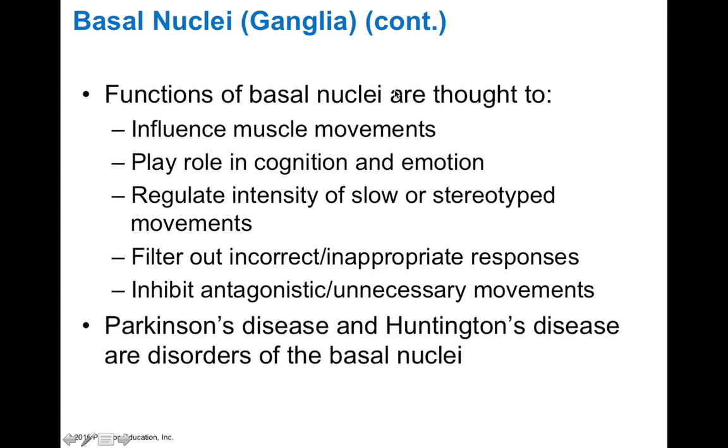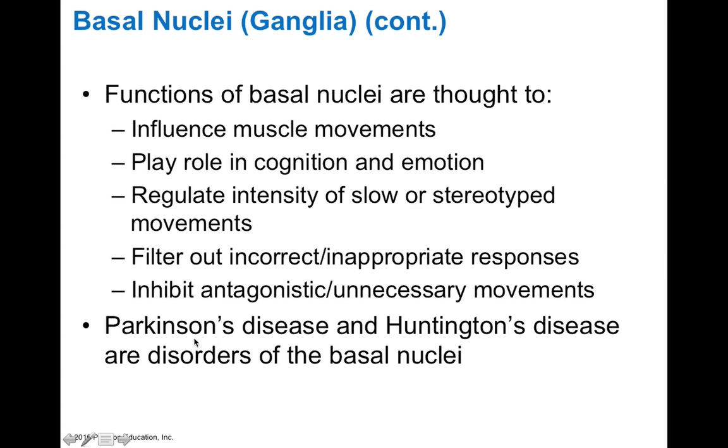Now, the basal nuclei are involved with muscle movements, cognition and emotion, regulating the intensity of stereotyped movements, as well as filtering out incorrect or inappropriate responses. They can also inhibit antagonistic or unnecessary movements. So if these were damaged, like in Parkinson's disease and Huntington's, you'd find that these would be movement disorders.